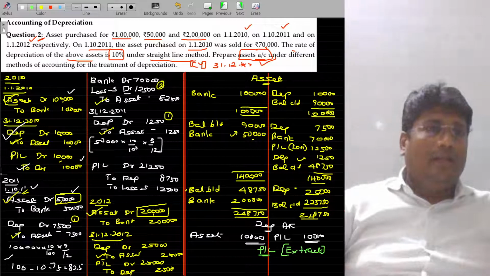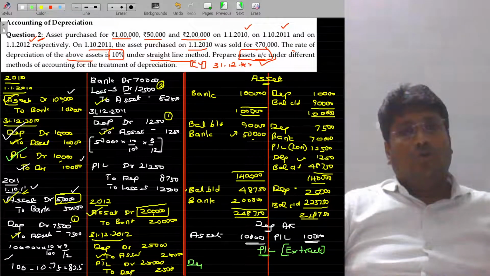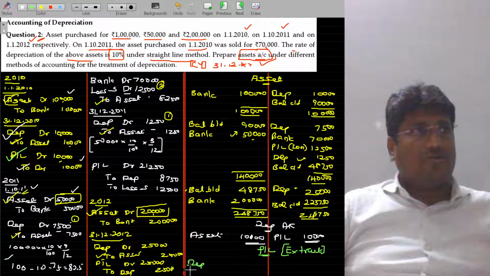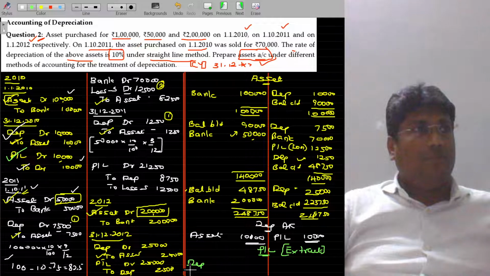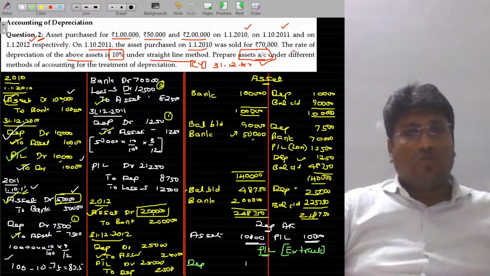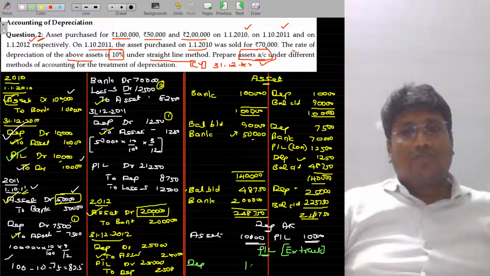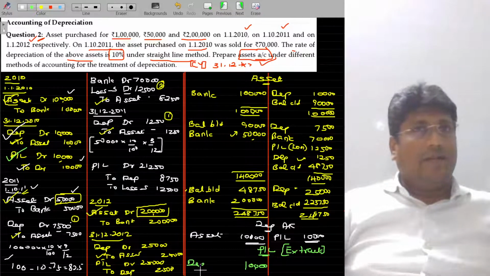Is that okay? In the very first year, P&L account debit to depreciation. If you are aware of final accounts, in final accounts, depreciation is usually debited to the P&L account. Am I right? So where and how this will appear is this one, 10,000. Now, my question is, will the P&L account debit side show only this depreciation, or will any other accounts also appear there? Definitely, right?